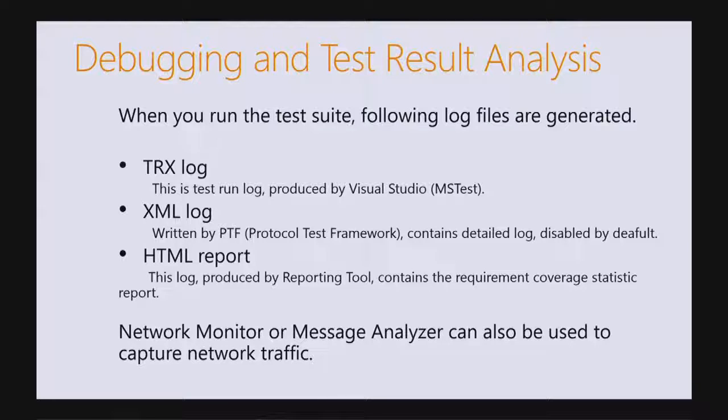It is disabled by default, but if you want very detailed, step-by-step logging information, you can enable that. And at the end of the test, there's also an HTML report that shows you how many requirements are verified, and their results and status, stuff like that.